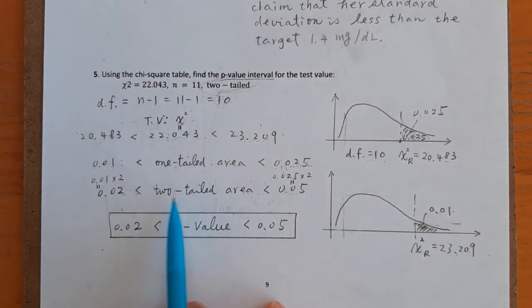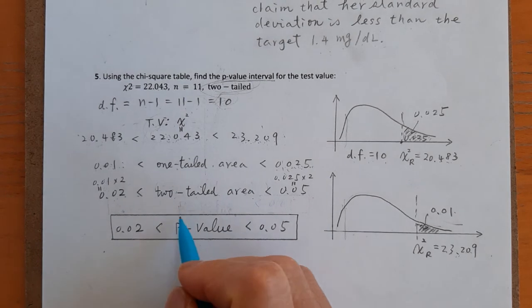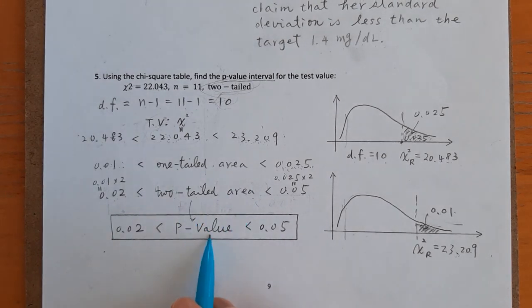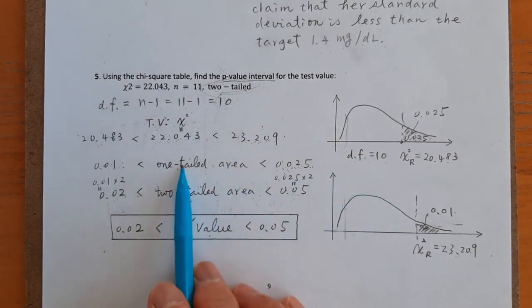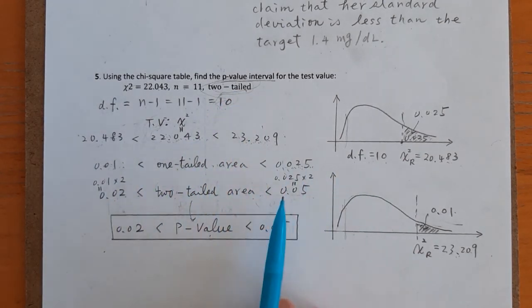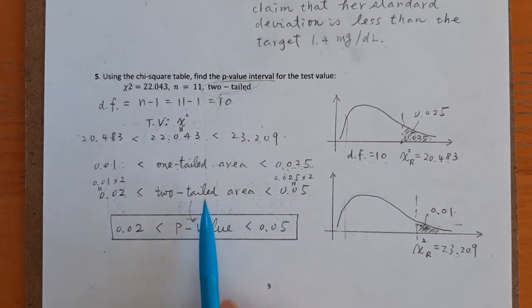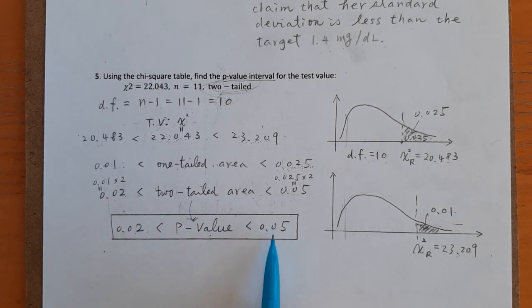The p-value for a two-tail test is found by finding the one-tail area and doubling it. So the p-value is between 0.02 and 0.05.